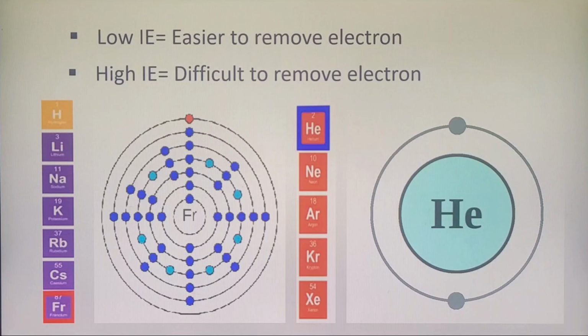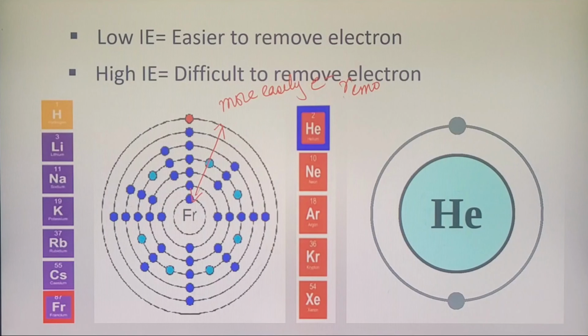Okay. So amongst these, you have francium and you have helium. Which amongst these will have a low ionization potential? Can you just look at the diagram and answer me? I just now told you, the more the number of shells, the easier it is to remove an electron. More easily an electron can be removed.